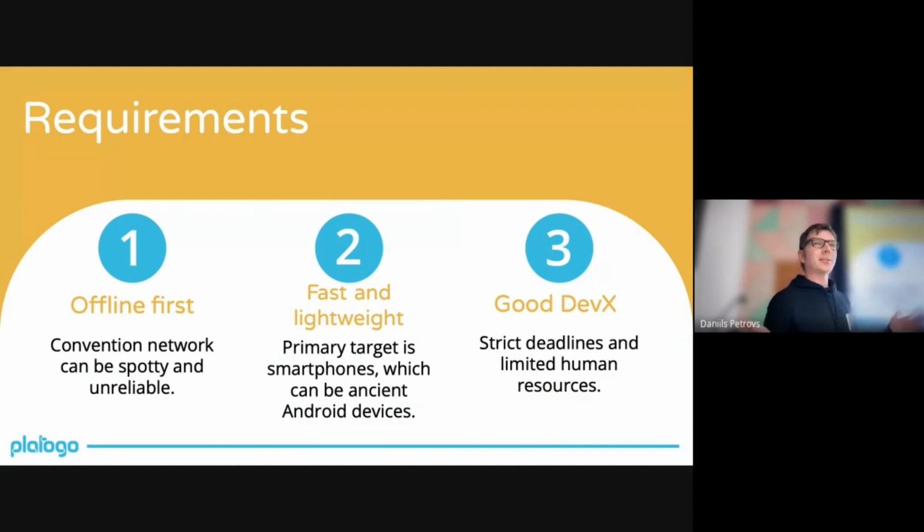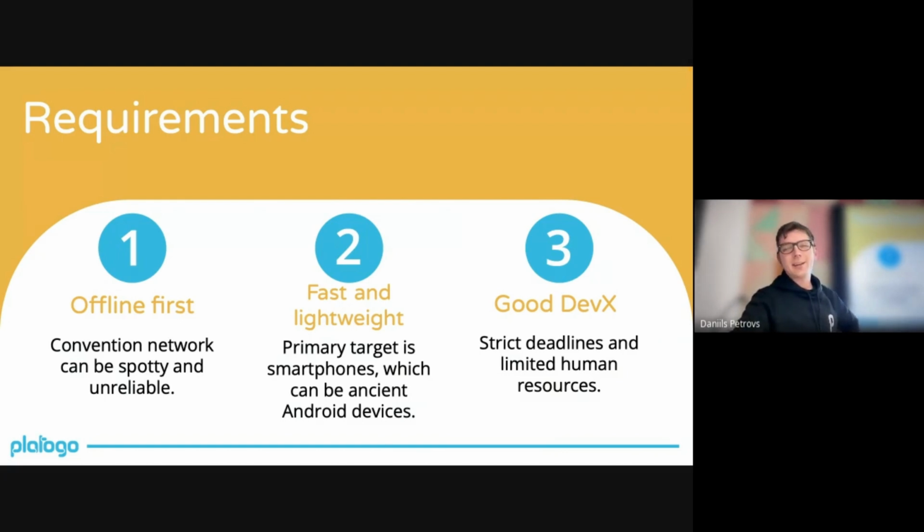Conventions are under a huge metal roof, which is basically like a giant Faraday cage, so you can't really rely on there being any sort of network. It has to be fast and lightweight because people have different phones. They won't have the latest iPhone 15. They might have some ancient Android 5 device, so you need to account for that as well.